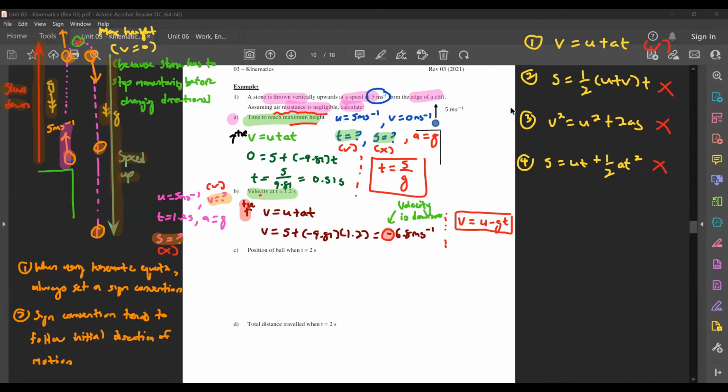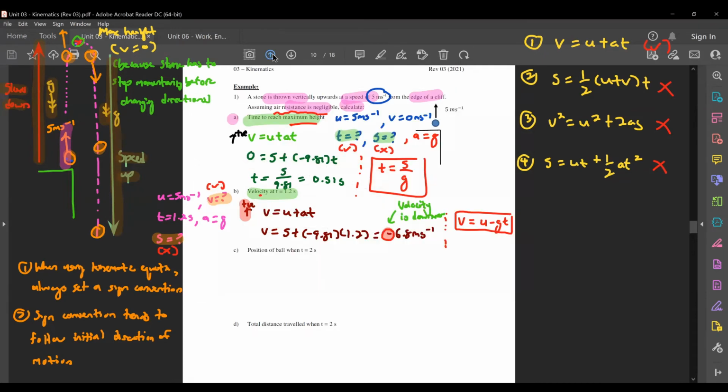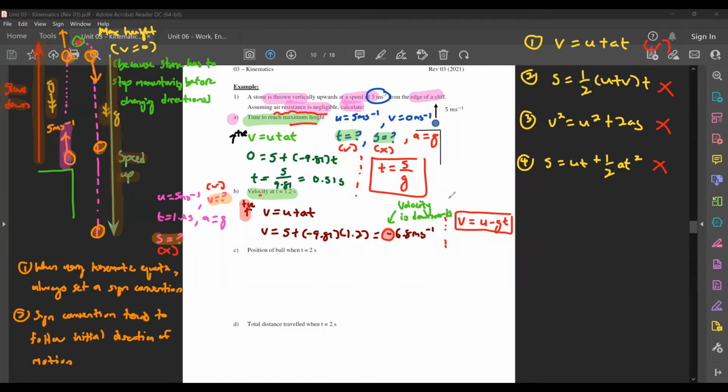Which would make sense that your velocity is downwards, because just now we already established that to move from the initial part, where you project the stone out, to maximum height took 0.51 seconds.